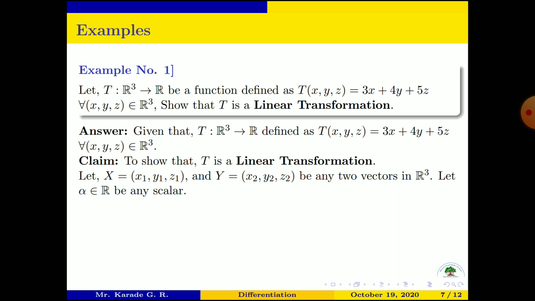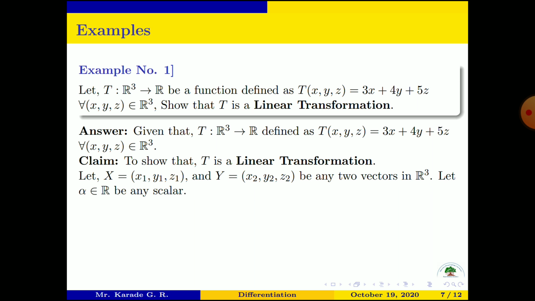So to prove these two conditions we need two vectors from the vector space R3. Let us take capital X is equal to x1 comma y1 comma z1 and capital Y is equal to x2 comma y2 comma z2 be any two vectors in R3.